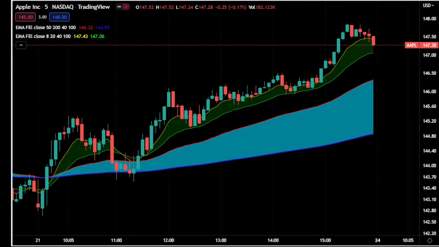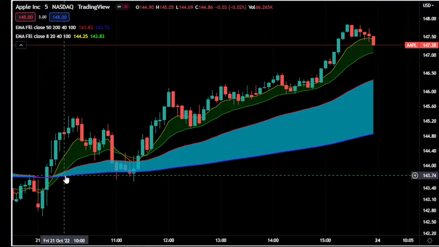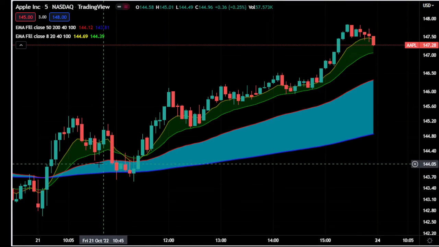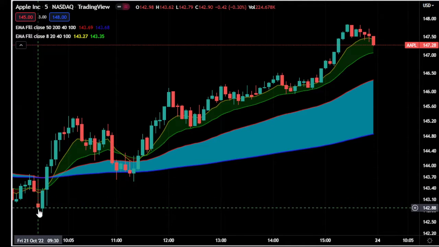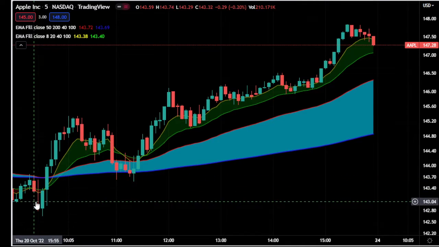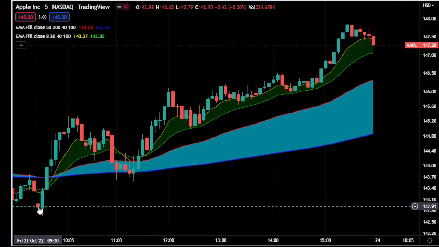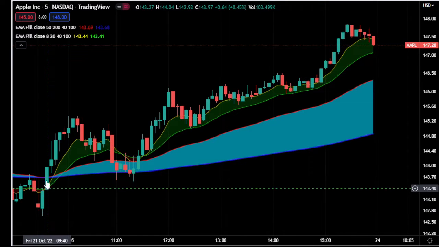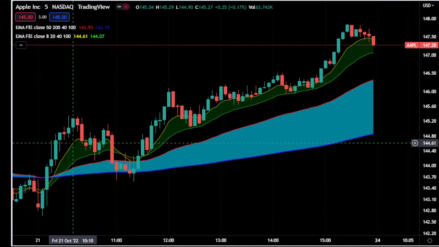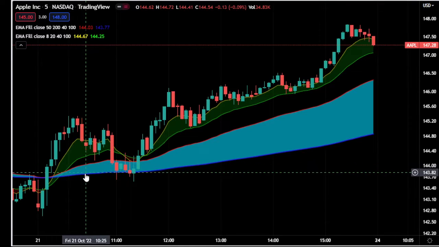Let's go on to the 5-minute chart here for Apple, and we're going to look at Friday, October 21st. We see that on the 5-minute chart, prices opened all the way down here, the opening candle in the first 5 minutes of the day. Very interesting, but we quickly moved above, where the 8 was above the 20 and the 50 was above the 200.